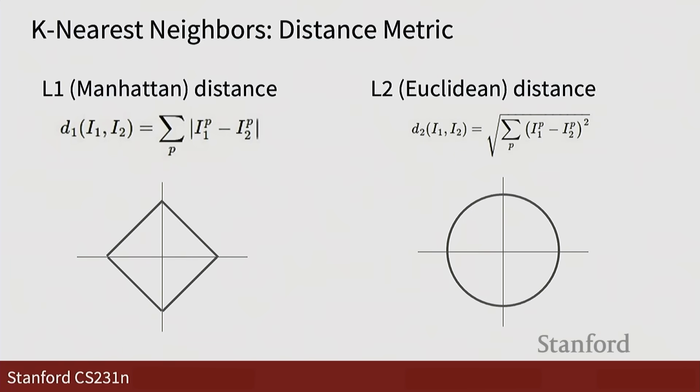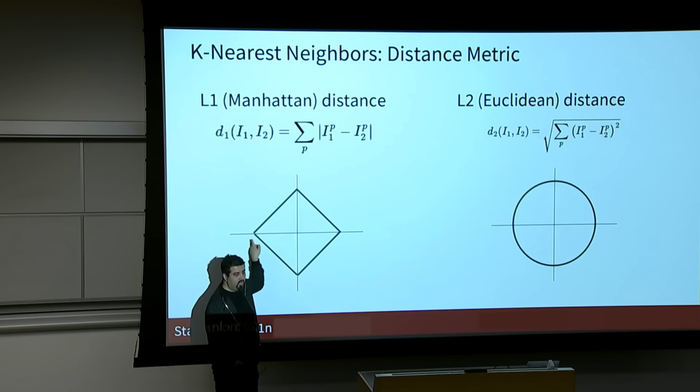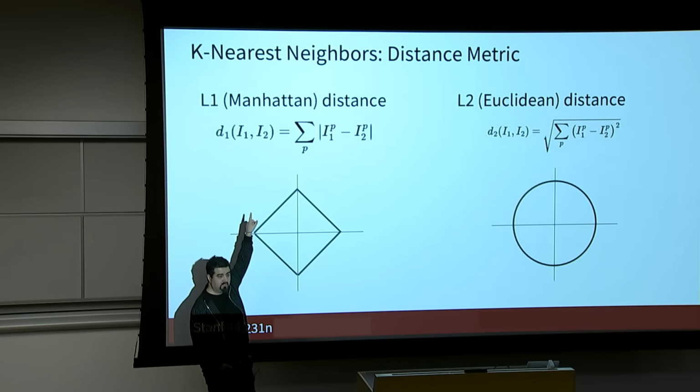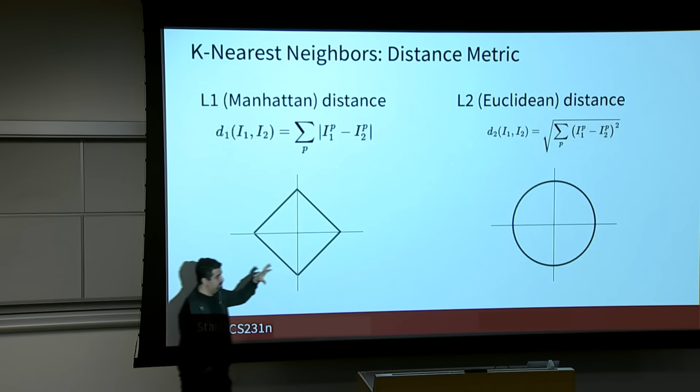If I use the L1 distance, the distance of all of the points on this shape from the origin is exactly the same, right? But for L2 distance, the points on this circle have the same distance from the center or the origin of this space.